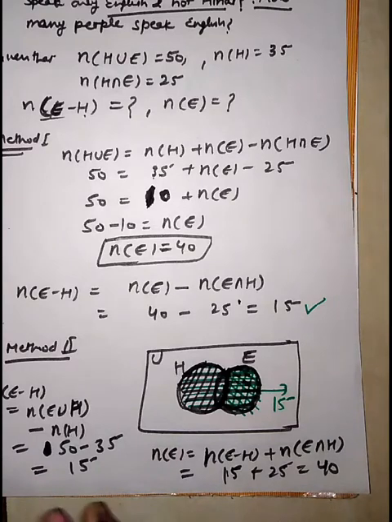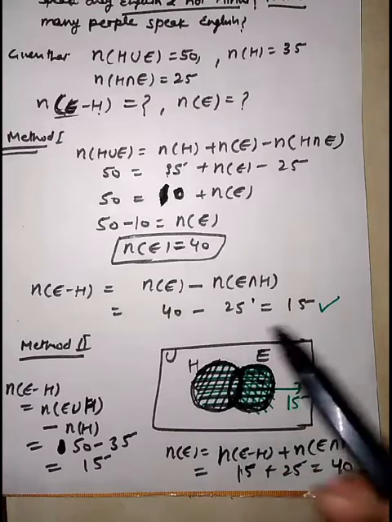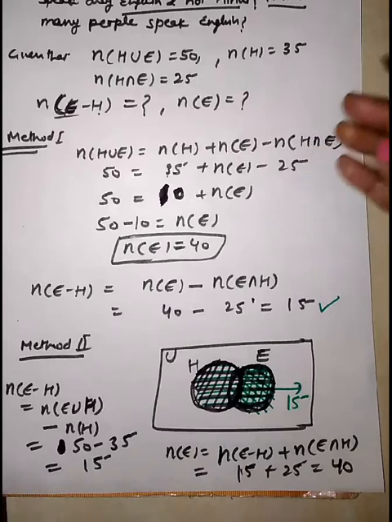So you can find the answer in any way. You are free to use any method, and you will get the same result, the same answer. If you want to use the result method, you can remember all the results.